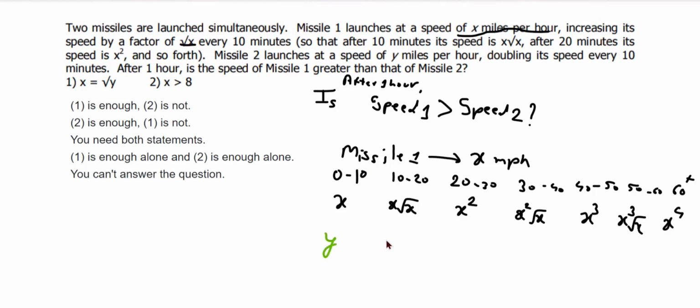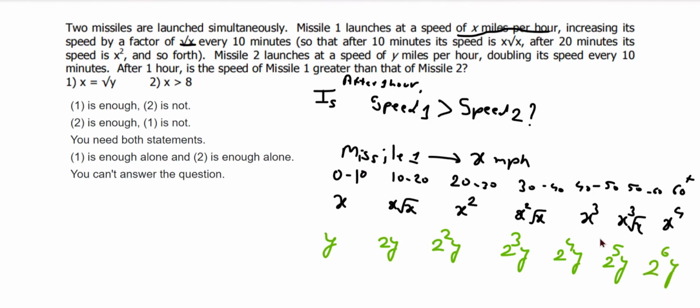So what would be the speed between 10 to 20 minutes? 2y, because it is doubling itself. Similarly, between 20 to 30? 2 square y. Great. Now doubling again, so between 30 to 40? 2 to the 3y. Between 40 to 50? 2 to the 4y. Between 50 to 60? 2 to the 5y and 2 to the 6y.